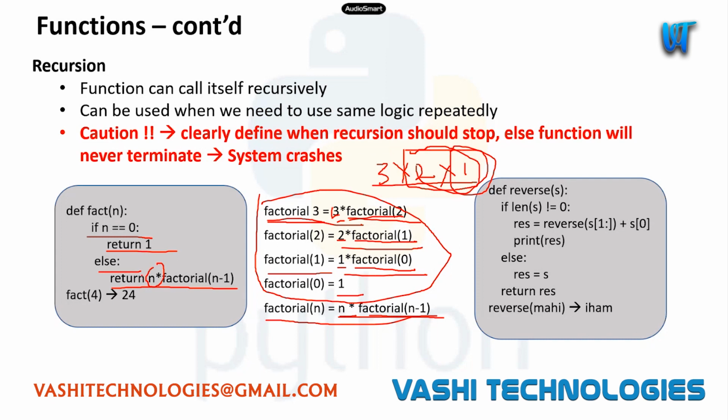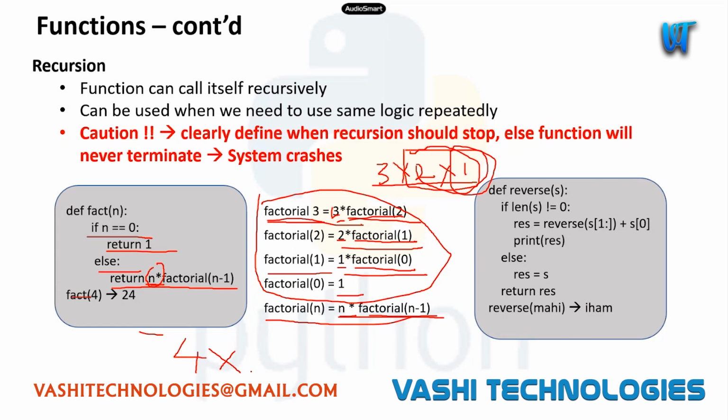So initially we have 4 here. In the first iteration, what it will return is 4 into factorial of 3.